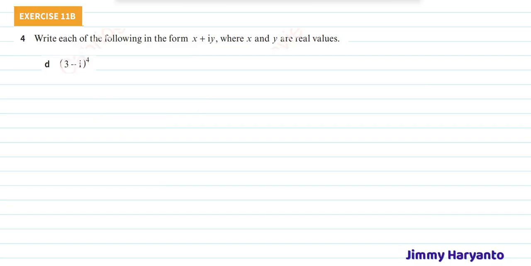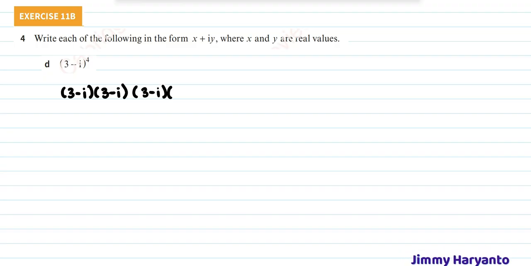The next is 4d. Question 4d is to the power of 4. So I will calculate this one first. 3 minus i, 3 minus i. You write it down like that. And then I will multiply this. So you have 9.